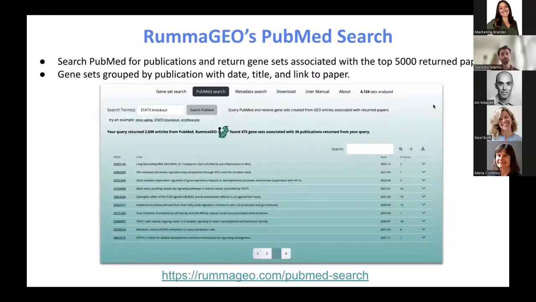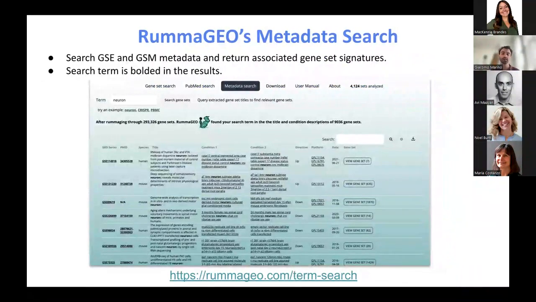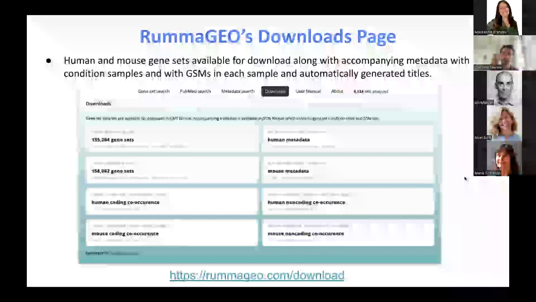For PubMed search, you can search the PubMed API and get returned papers that have corresponding gene sets in RummaGEO. You can expand on any of these after you search. We also have a metadata search to directly search the GEO metadata, and we'll bold the search term in the results, so you can grab specific gene sets or signatures you're interested in.